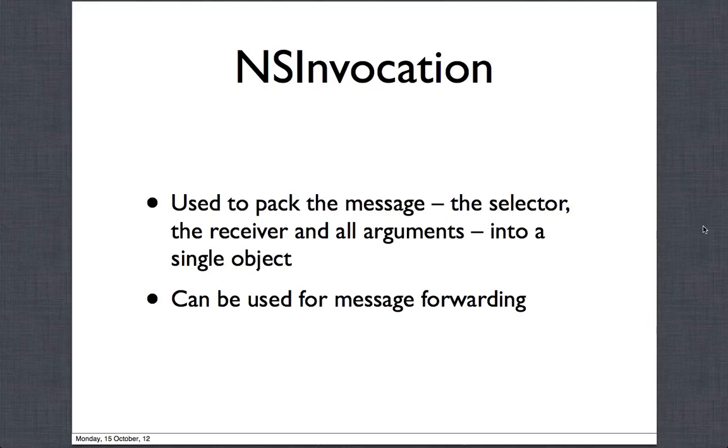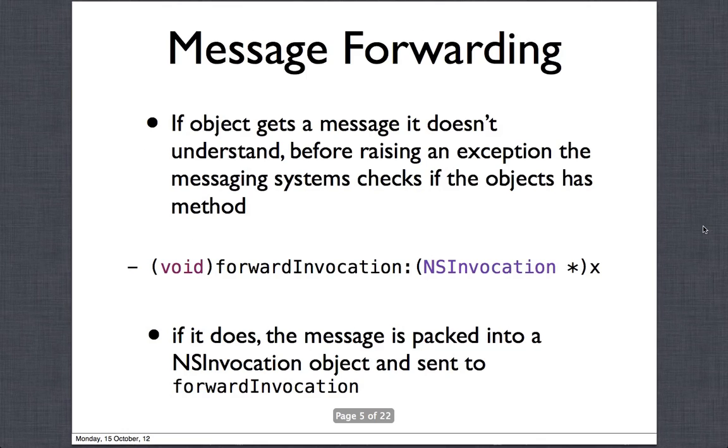In Objective-C, the idea of forwarding is just like this. If you are an object and you get a message and you don't know how to react to this message, you don't have a method of the same name, usually the idea is you want to raise an exception because you don't know what to do. This was probably a mistake.